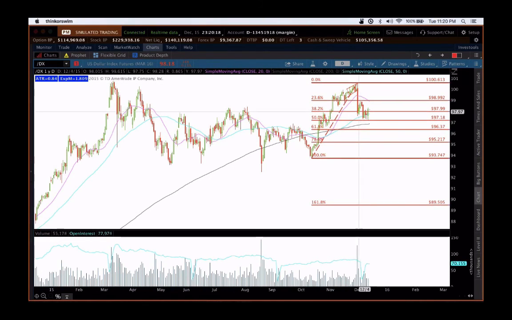You notice it hit 38.2, bounced, hit 23.6, dropped, 50%. Big engulfing candle, but low volume here, and it's in a potential zone. The 61.8% is a little lower down there, so that would be a price point to watch.